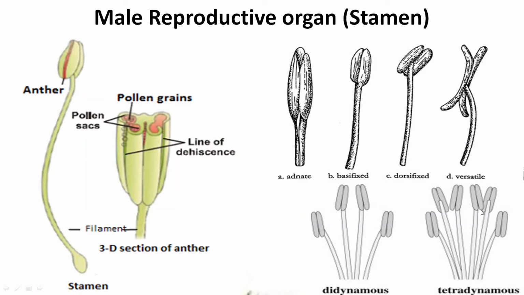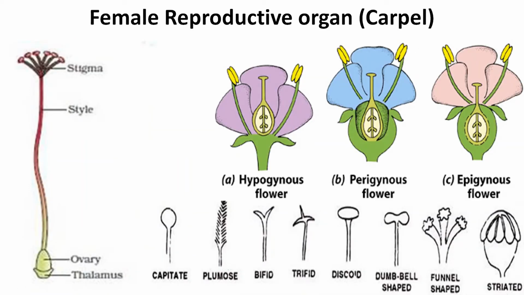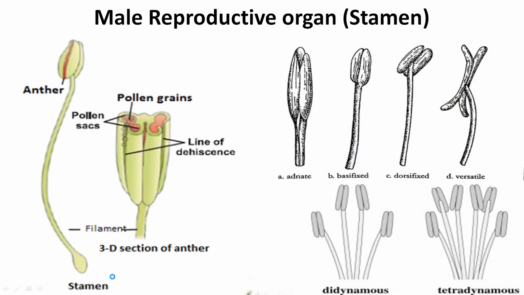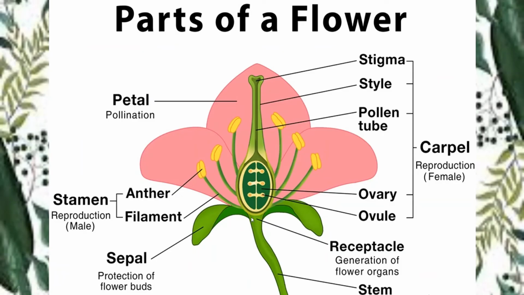Clear? Now moving to female reproductive organ or carpel. See, this carpel consists of stigma. This is a long style. This is ovary and this is thalamus.